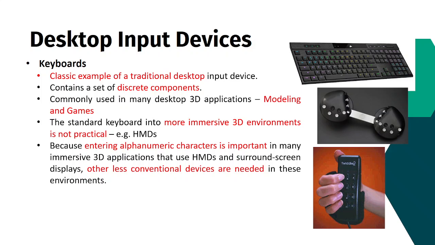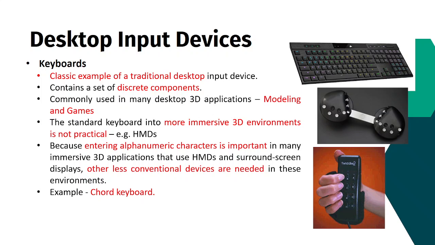The simple example is a chord keyboard, which is the third image in the presentation. That is a keyboard which is held by a hand and has specific combinations by which you can control a specific operation in your environment. Certainly, there are limitations in the combinations because of the limited number of buttons, but these are still quite helpful in handling 3D environments as a keyboard.